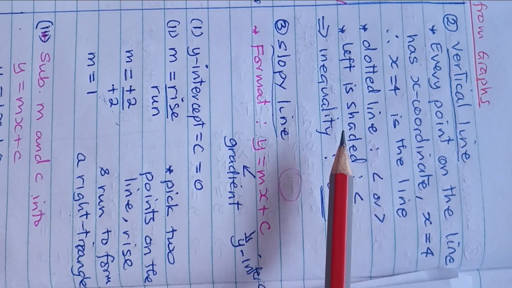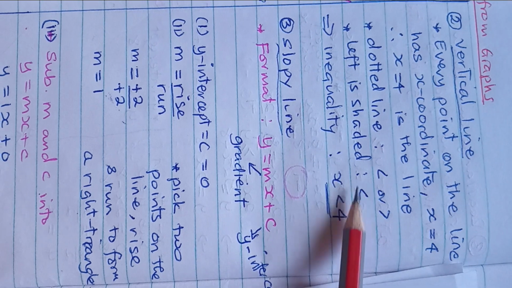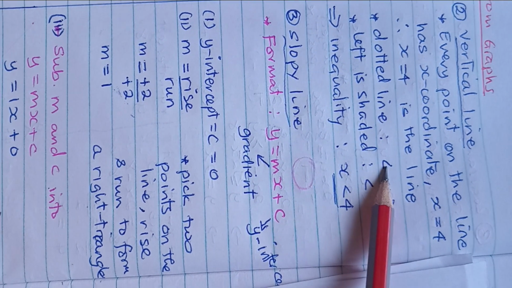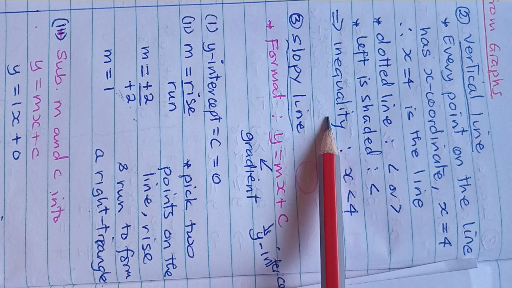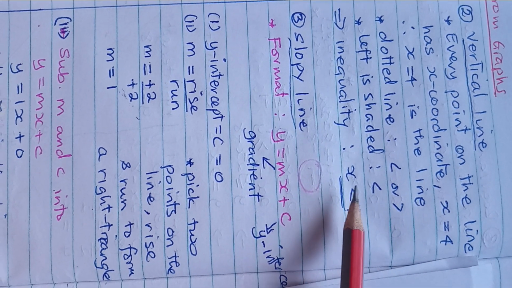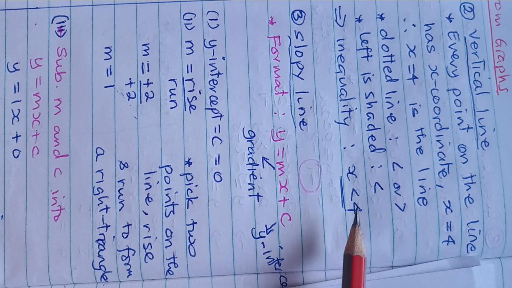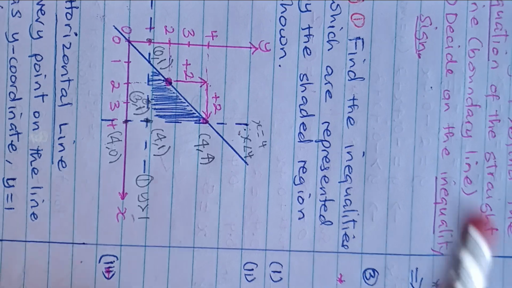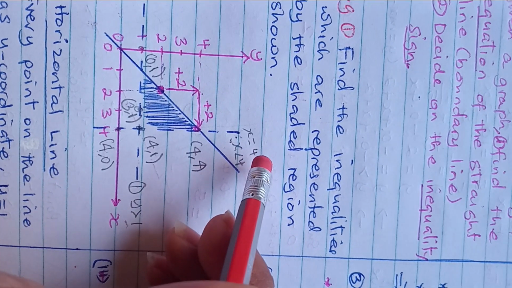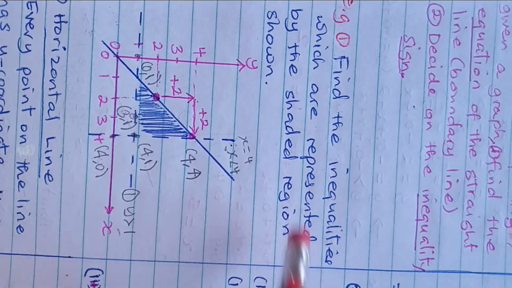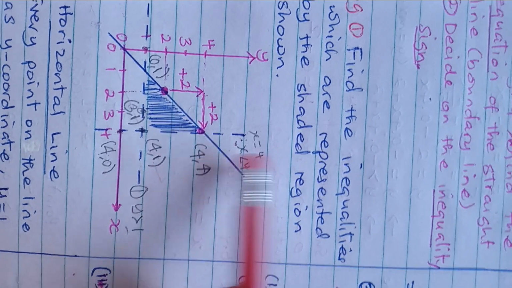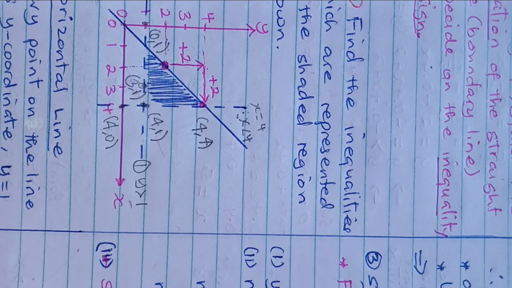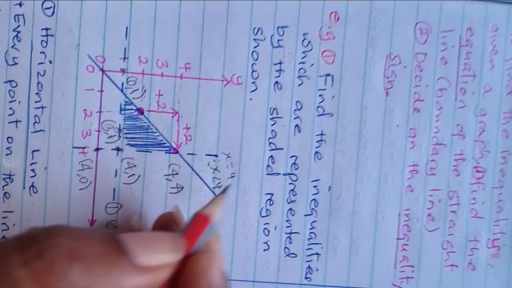And since the shaded region is on the left, it's less than. So our inequality for the vertical line is x is less than 4. Alright, so we can have this one. That's our second line.